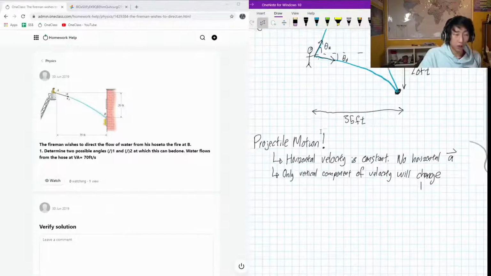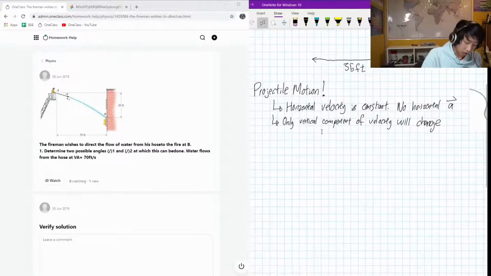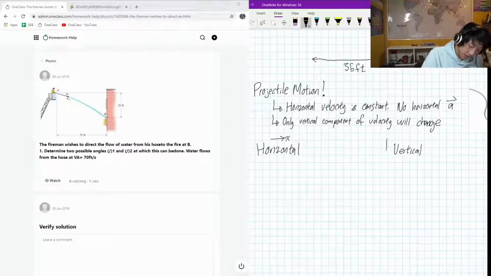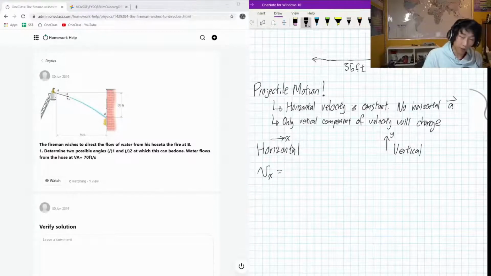Okay, given this, let's break this down into our horizontal side and our vertical. Let's call horizontal our x direction and vertical our y direction. We have our velocity x, which is always going to be constant. That's one thing we need. We have our horizontal distance, dx, and our time, which will be the same for both of them.